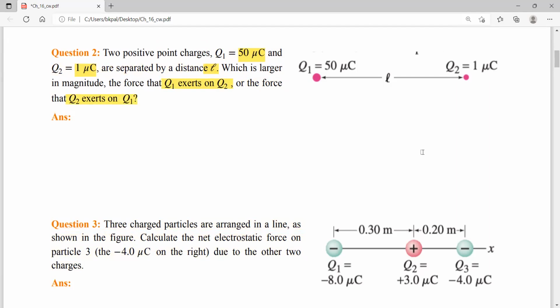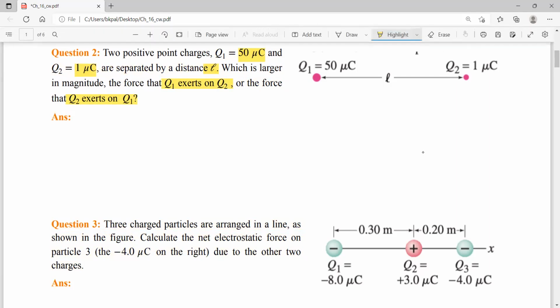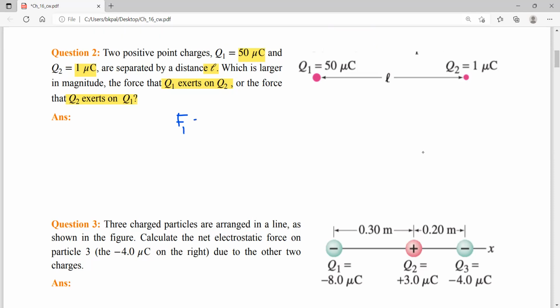You probably already know the answer, right? The force Q1 exerts on Q2 and Q2 exerts on Q1 are both the same. If I write F1 for the force on Q1, it will be K Q1 Q2 over L squared, and the force F2 will also have the same magnitude.